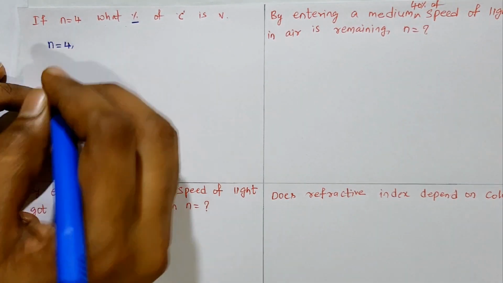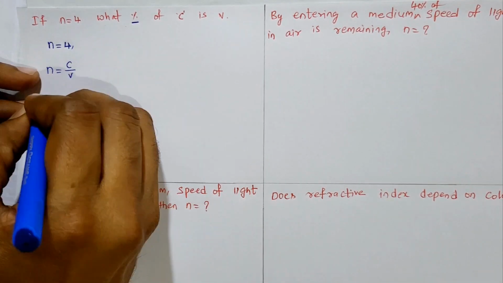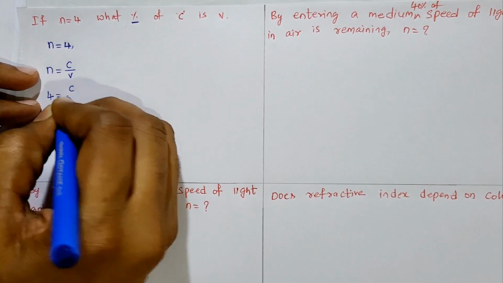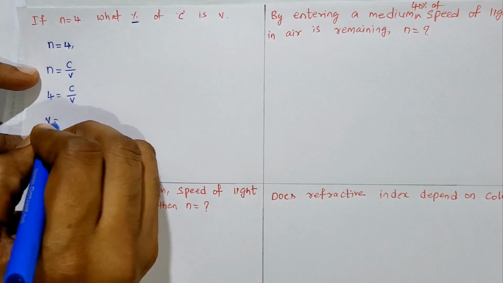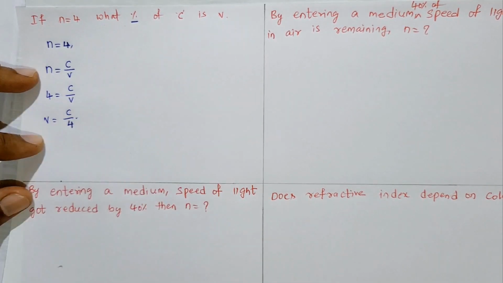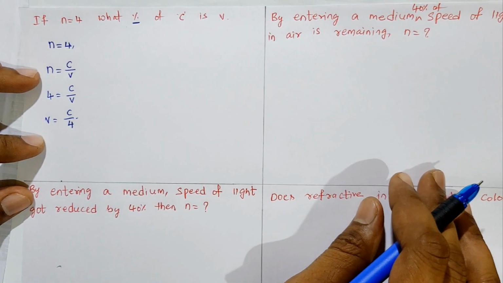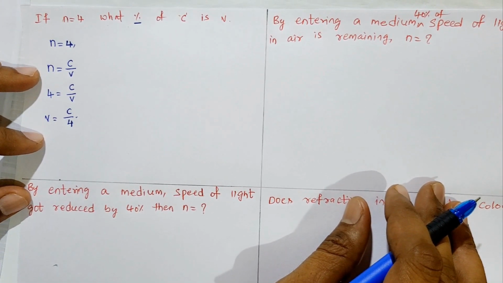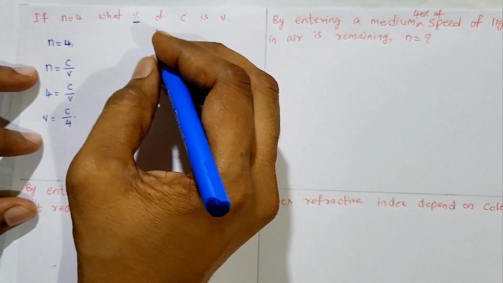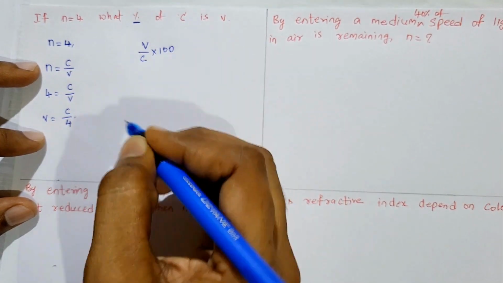n is equal to 4, and you know that n is equal to C divided by V. So 4 is equal to C divided by V. Then V is equal to C divided by 4. How to find a percentage of something? What percentage of C is V means it will be V divided by C into 100.